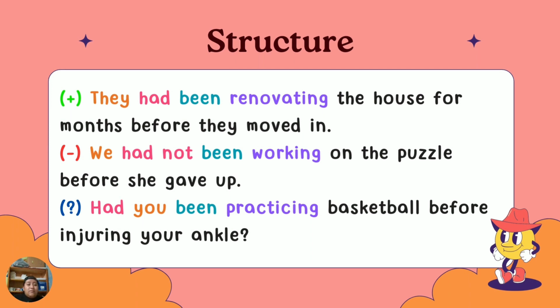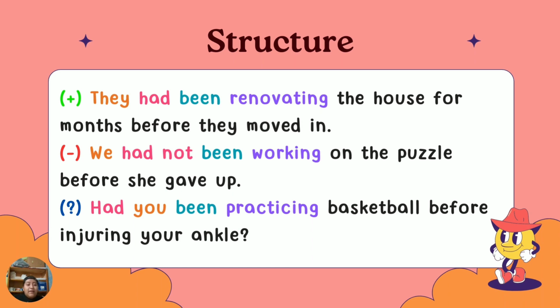Examples, in the positive form, they had been renovating the house for months before they moved in. The subject, they, the auxiliary verbs, had been, the main verb with the ing termination, renovating, and the complement.